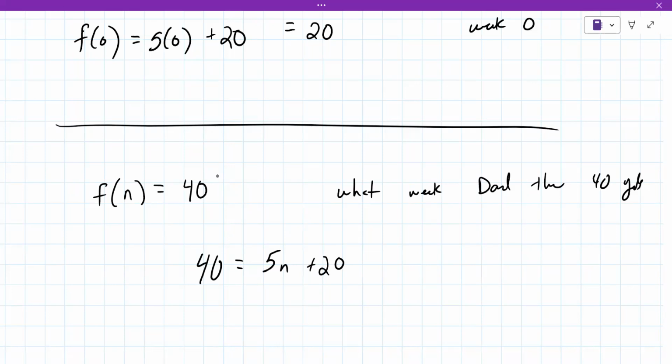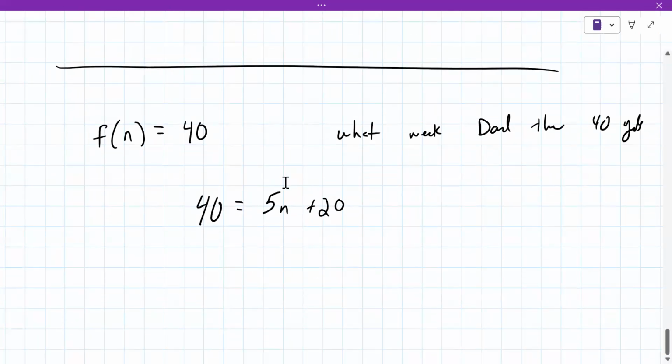I don't really know. Well, how did we solve equations like this earlier? No, I'm asking how we solve something like this. If you look at the side with the variable, are you going to undo the 5 or the positive 20? The positive 20. Yes, here subtract 20 from both sides.